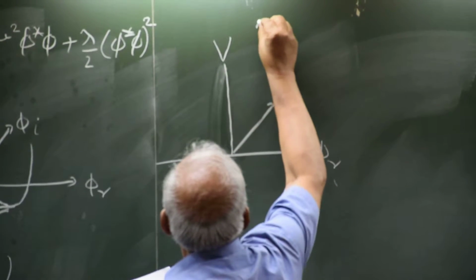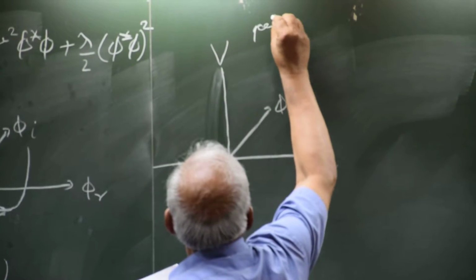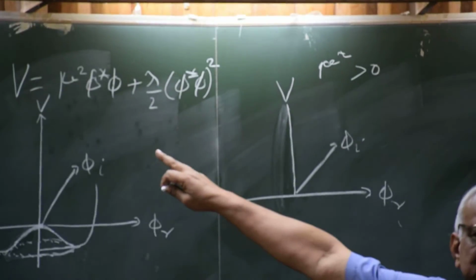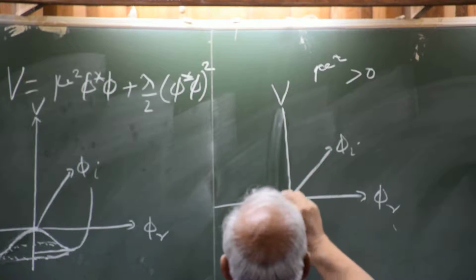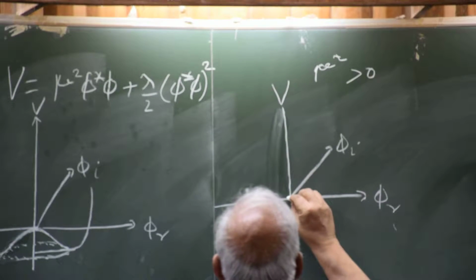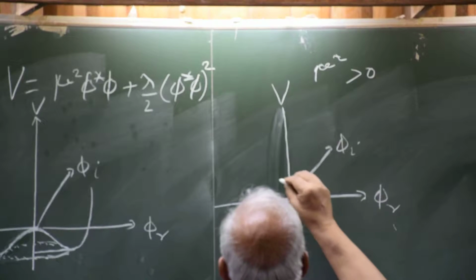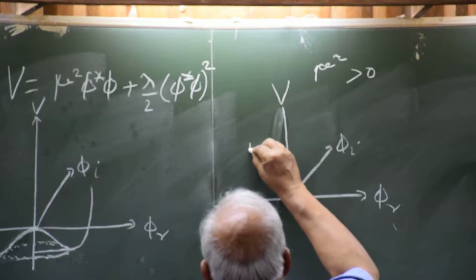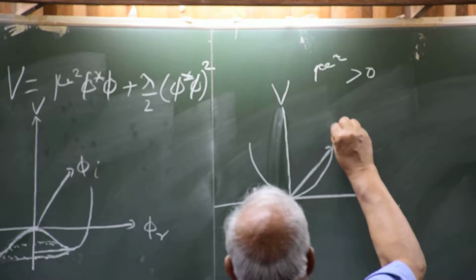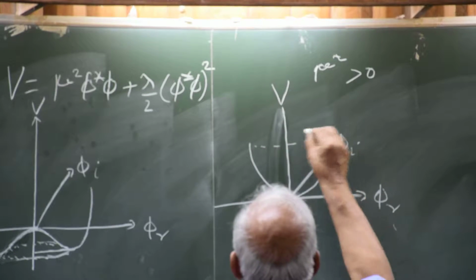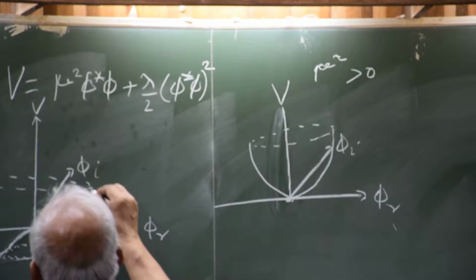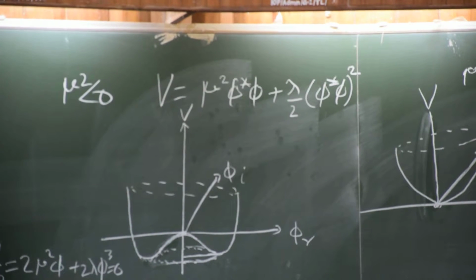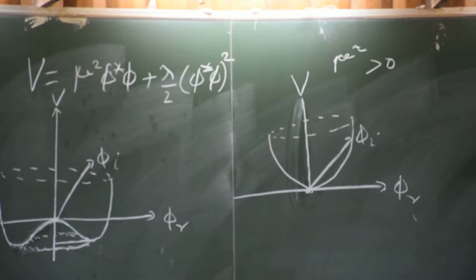Now let us contrast this with the usual case of mu square greater than 0. Then you see the quadratic term is positive. So it will look like you start with the origin, but then both are positive terms. So instead of looking like the bottom of a wine bottle, it will look like the top of a wine glass.